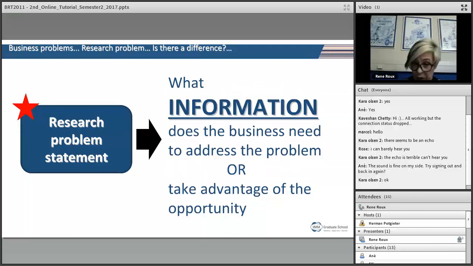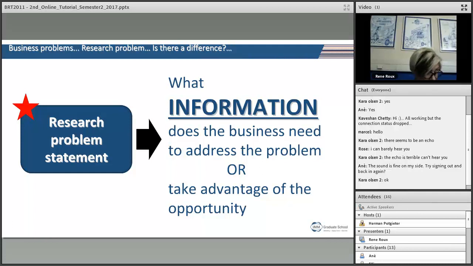Whereas the research problem is, what information do they need to address the problem or to take advantage of the opportunity? Let's look at an example.